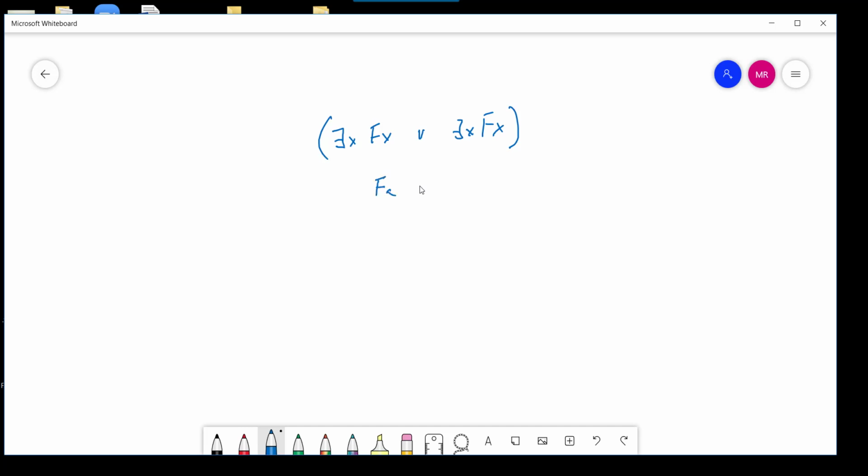Let's say F(a), right? Or I could also write F(a) or F(b). It doesn't matter, it's going to work out the same either way. Okay, and then, so what do I want to do? Well, I've got two atomic formulas here. Rule 4 tells me that I can write "there exists an x, F(x)", bring down the F(b).